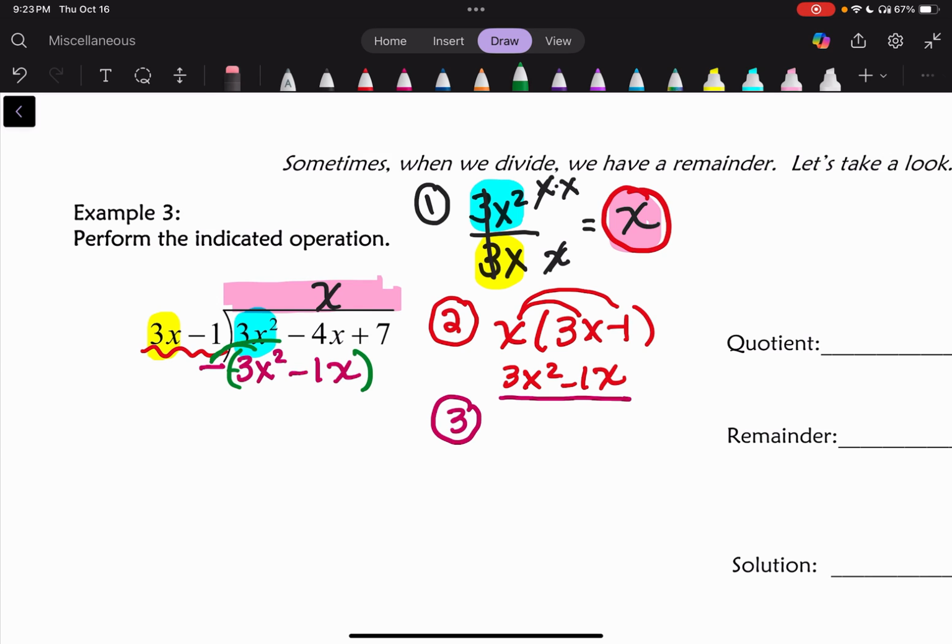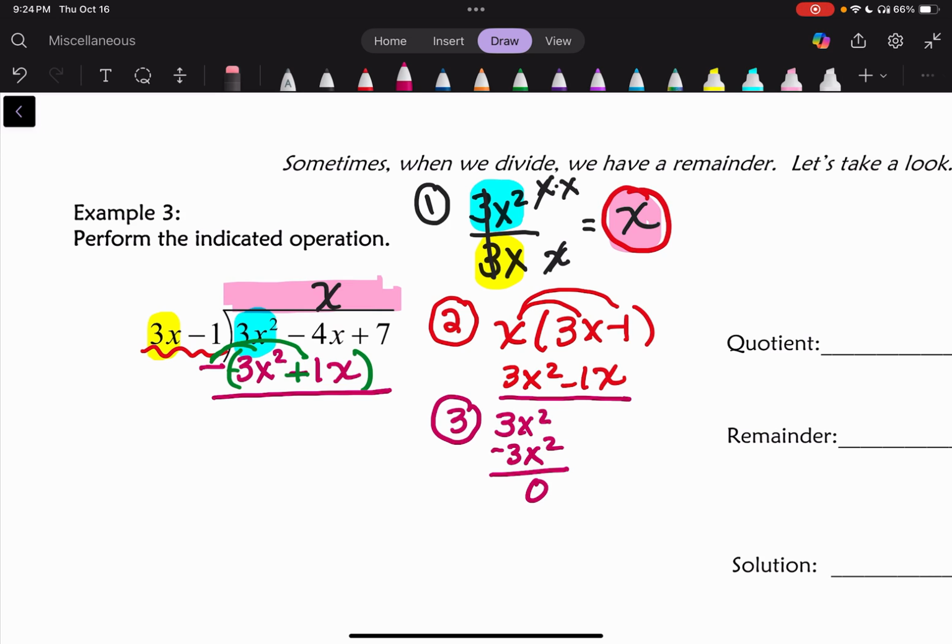Then I'm going to distribute it to that 1x, and that's going to turn it into a positive 1x. All I did was distribute that negative. So from there, we are still subtracting. So we have this 3x squared minus 3x squared. Well, that's going to give us a big fat 0.